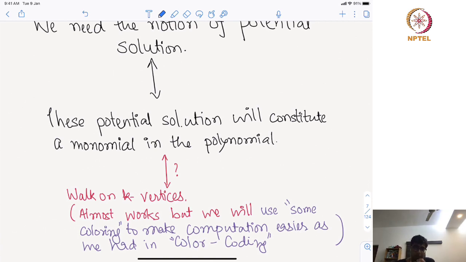Remember color coding, how did we do it? It was not easy to compute things properly. So first when we did coloring, and then looked for a colorful path, it allowed us to do some sort of dynamic programming. All of this is encompassed in one straight application: we encode the coloring idea as well as the relaxing idea in a monomial itself, as we will see in a minute.